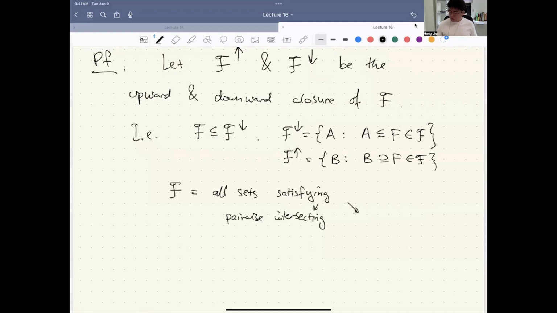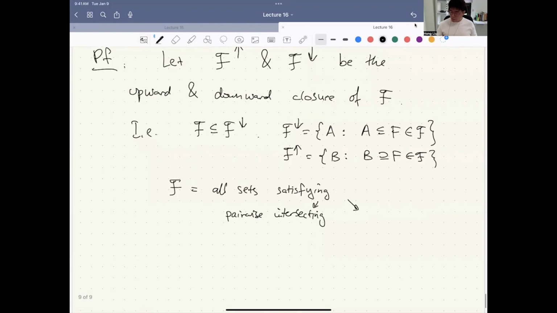And also, F union F prime is not everything. The complementary family is intersecting.